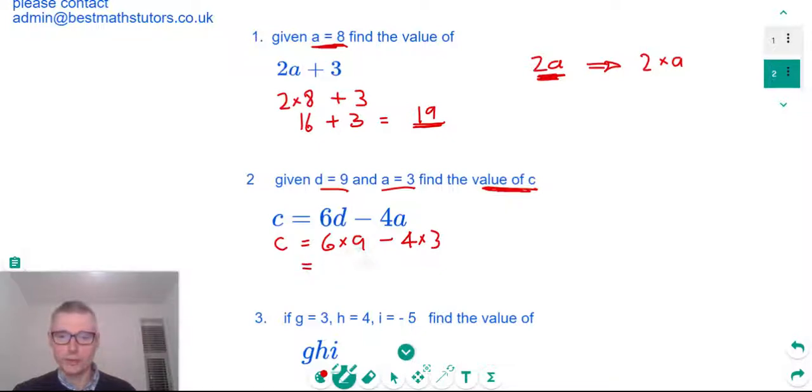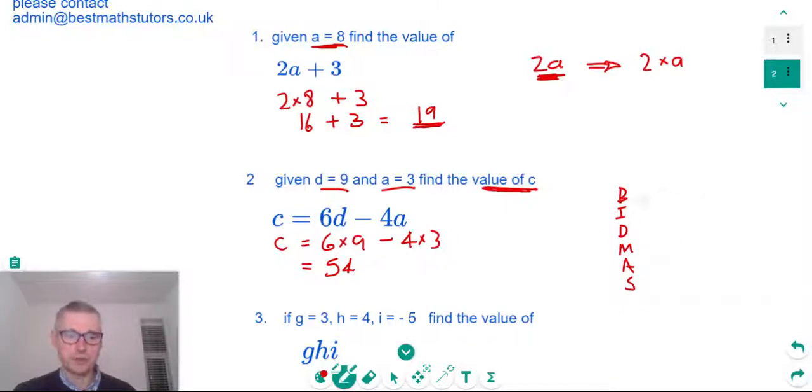So 6 times 9 is going to be 54. And then the rules of BIDMAS say we've got to do the times first. So BIDMAS, this is also an opportunity to look at what this means. BIDMAS tells us the order in which we do things.